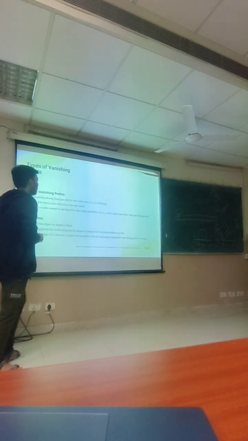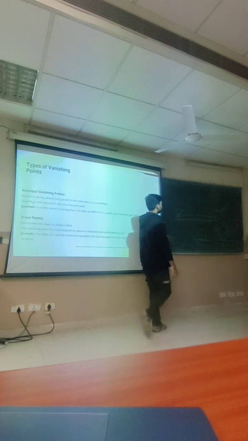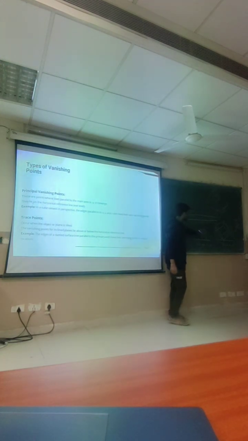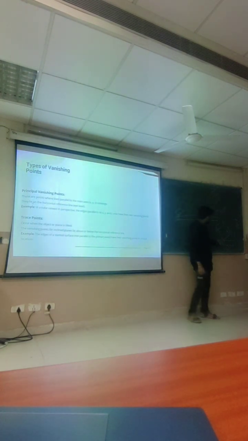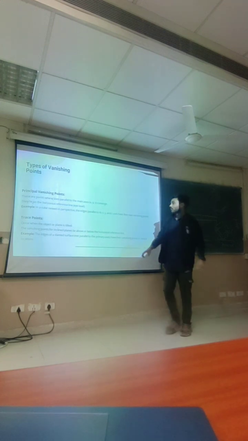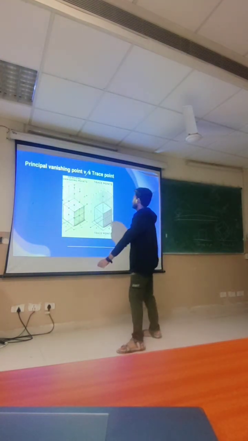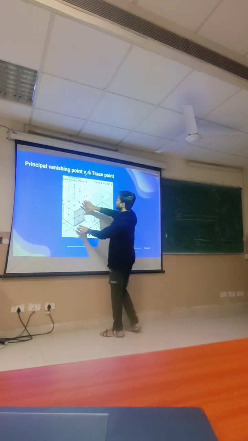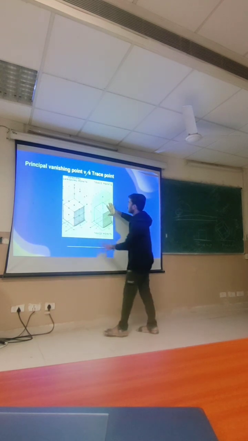Here we can see the parallel axis, and the object is parallel to that main axis. It means it will make a principal point. Here we can say that the object is tilted to the main axis. It means it will make a trace point. Here we can see the principal vanishing point and the trace vanishing point.